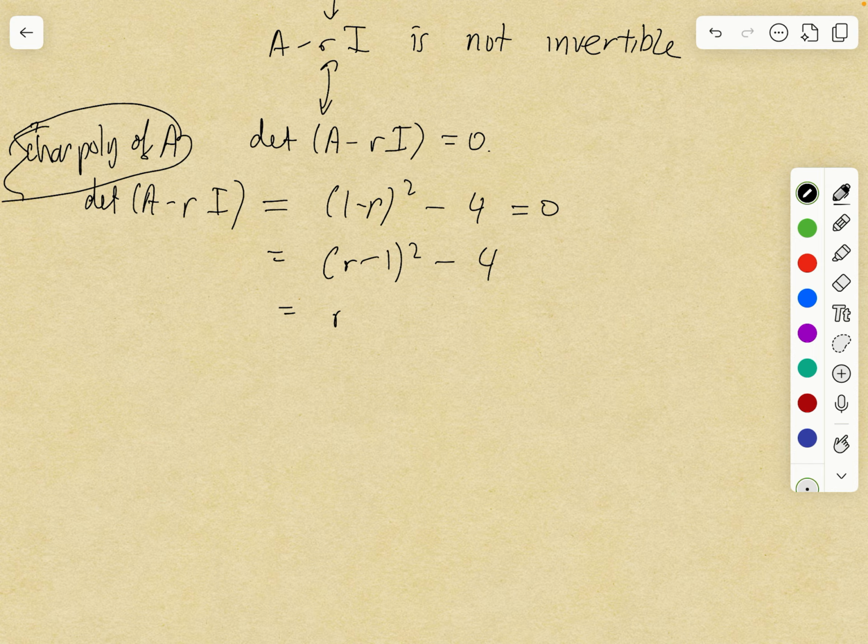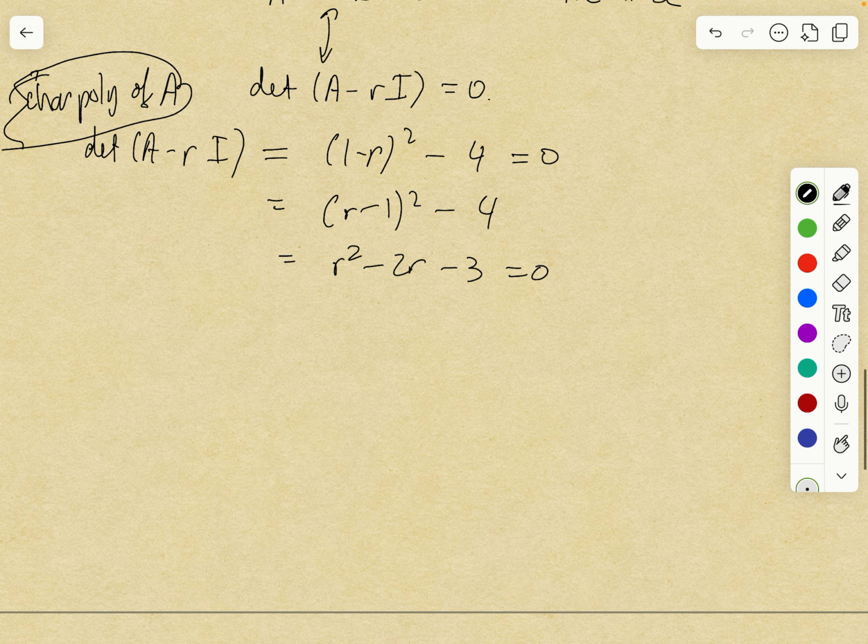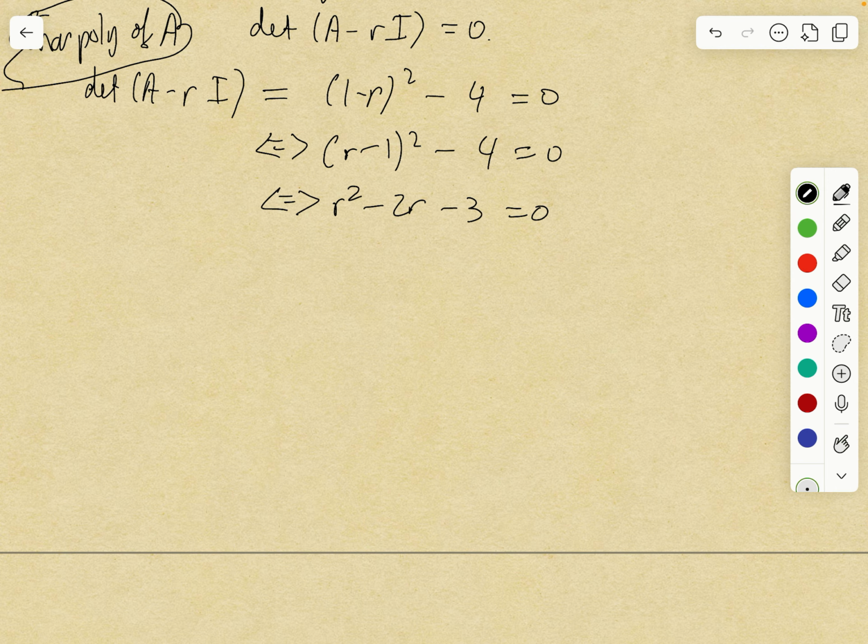So this is going to be r squared minus 2r plus 1 minus 4, that's minus 3, equals 0. This is equivalent to r minus 3 times r plus 1 equals 0, and that's equivalent to r equals 3, or r equals negative 1.